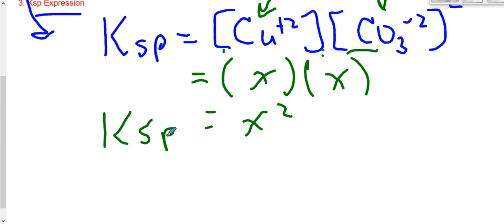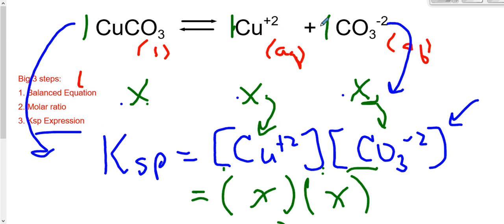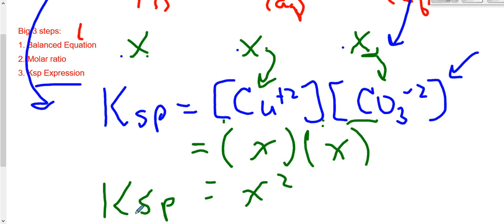Now, in this particular problem, we've done the big 3 steps. We have a balanced equation. We took that balanced equation and figured out a molar ratio. And then we wrote a Ksp expression, what I've done here in blue. I have substituted my molar ratio into my Ksp expression to get a very simple math formula. Ksp is equal to x squared.